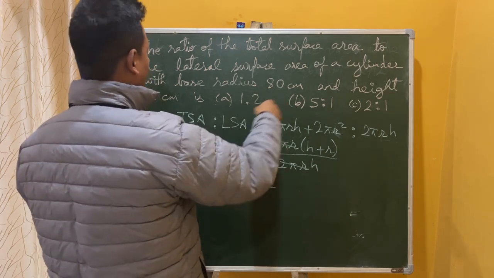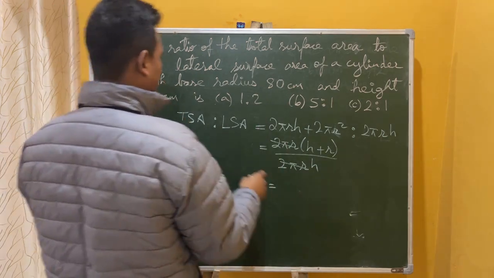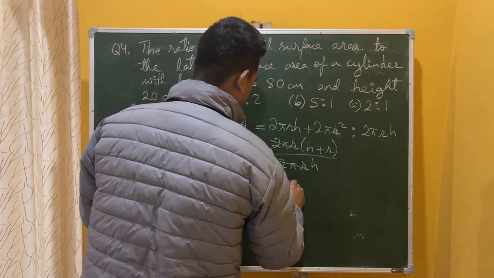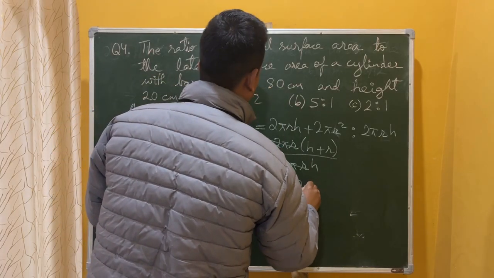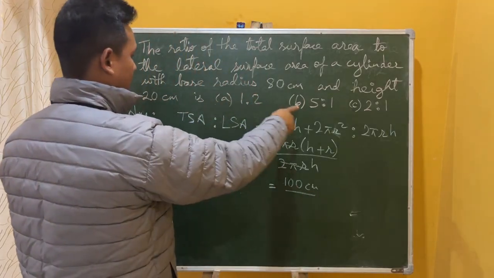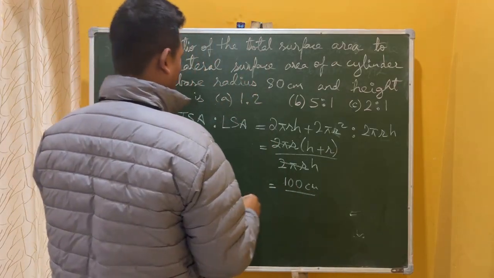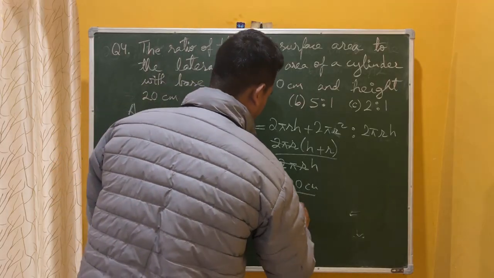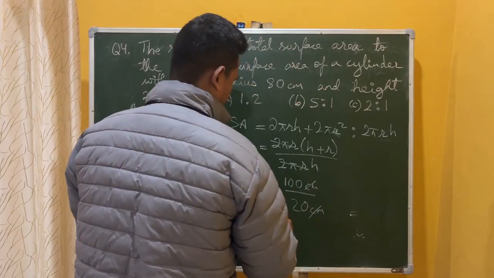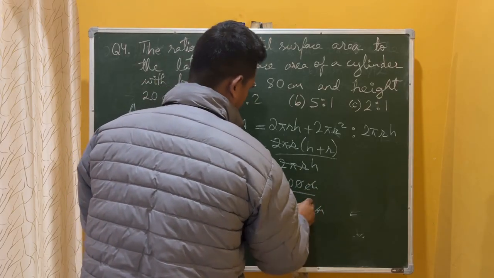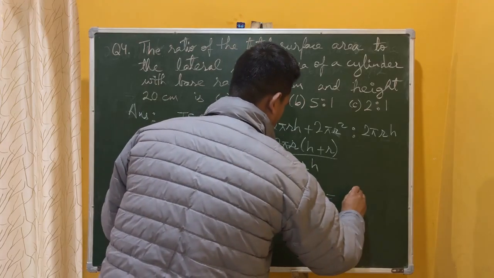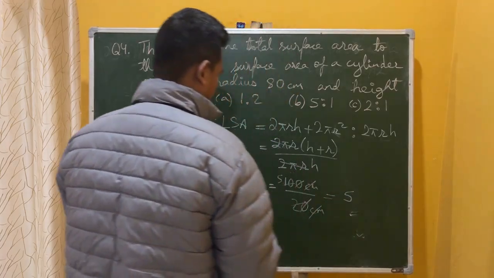What is h? The height of the cylinder is 20. 20 plus radius 80 is 100 centimeter, and this is 20 centimeter. So it's 5.